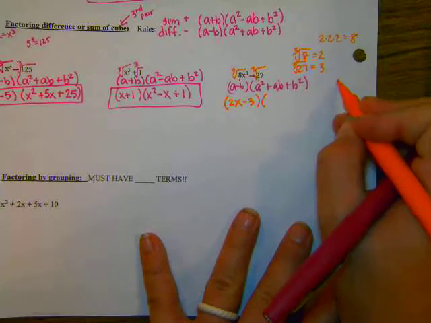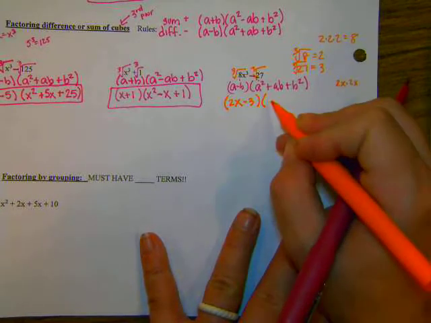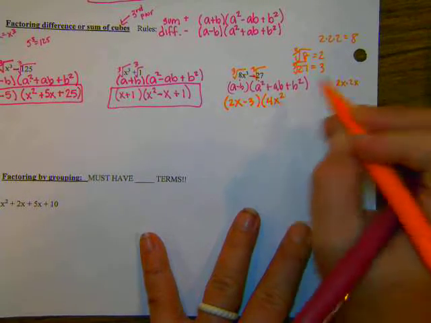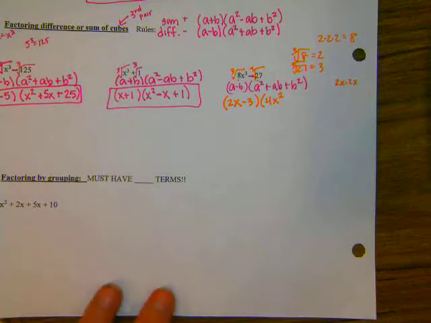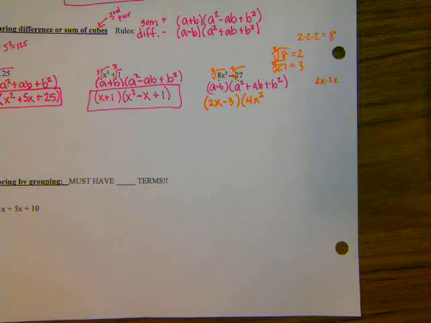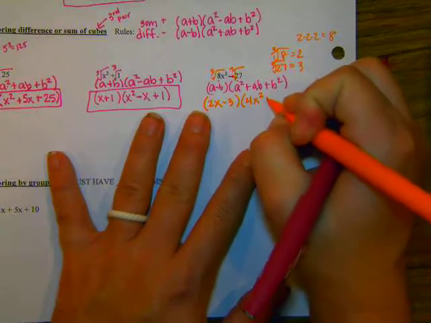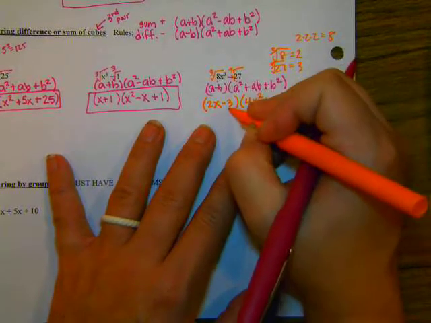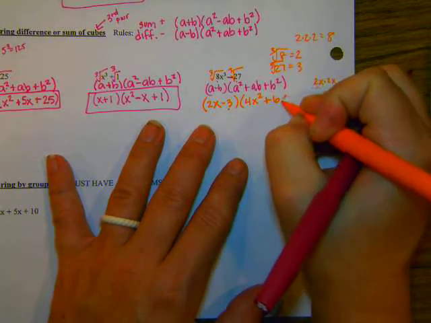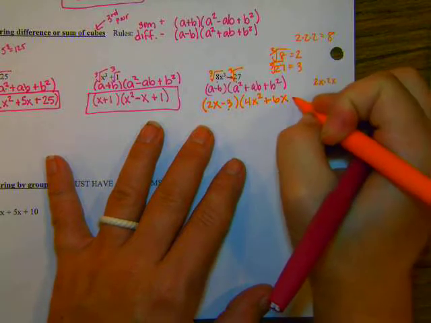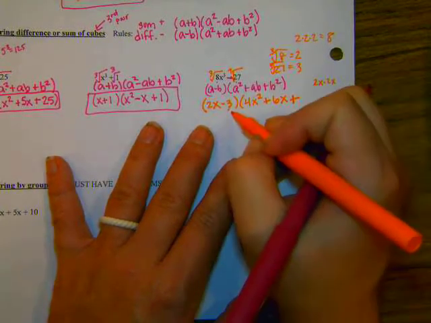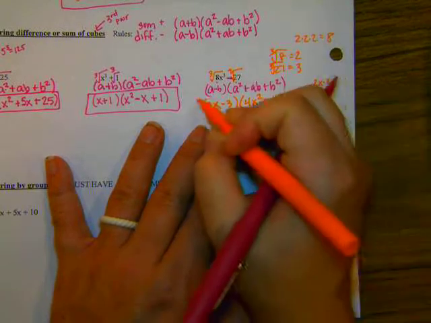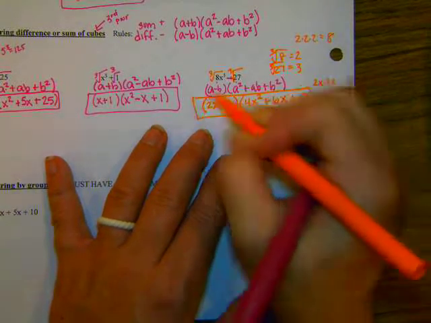It's literally 2x times 2x. So it would be 4x squared. Plus, then you do 3 times 2x is 6x. Plus 3 squared is 9. And there's your answer.